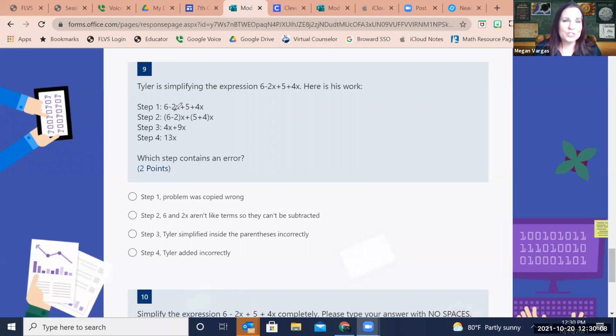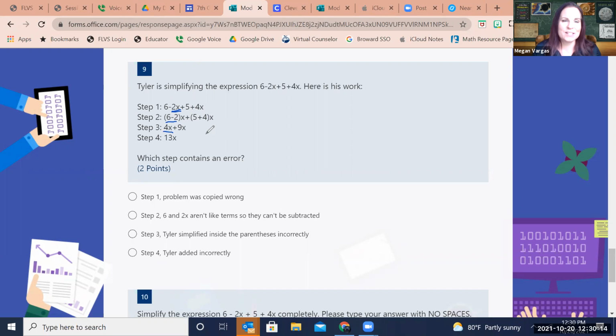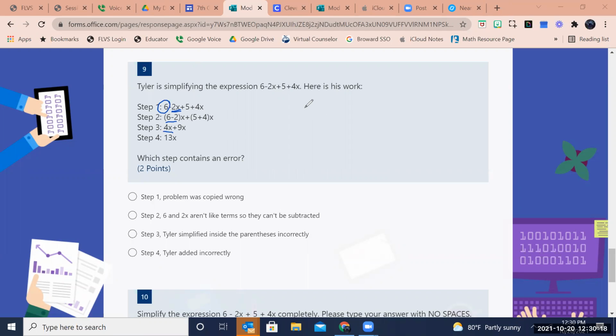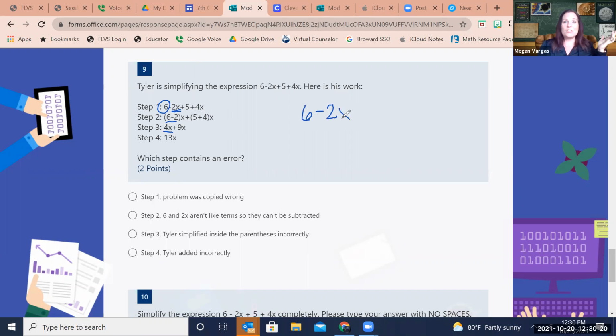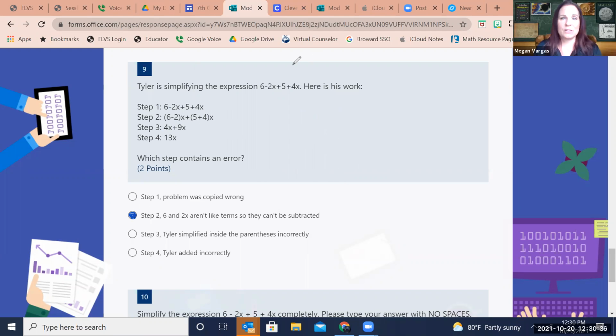He's separating the 2 from the x. And then he's doing 6 minus 2 to get 4x. You can't do that. The 6 doesn't have an x. You can't subtract them. They're not like terms. So that is clearly the mistake. Step 2? Yes. That is clearly the mistake.